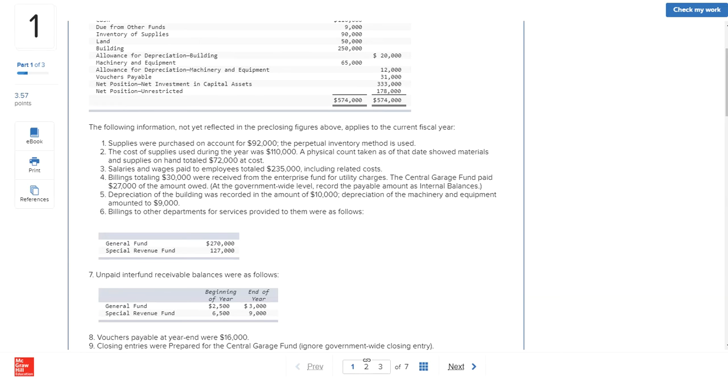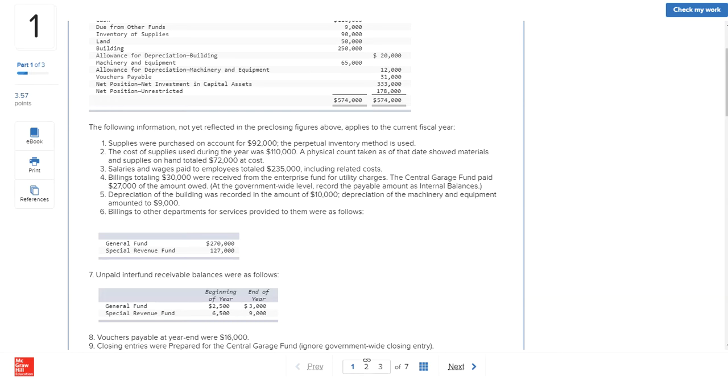You've got your beginning balance, well, I say beginning balance, your pre-closing trial balance of 31,000, and then you have 92,000 of supplies purchased up here, and then you have an ending balance of 16, so that means you pay vouchers payable for the difference. So set that up as a beginning, ending, and an adjustment.